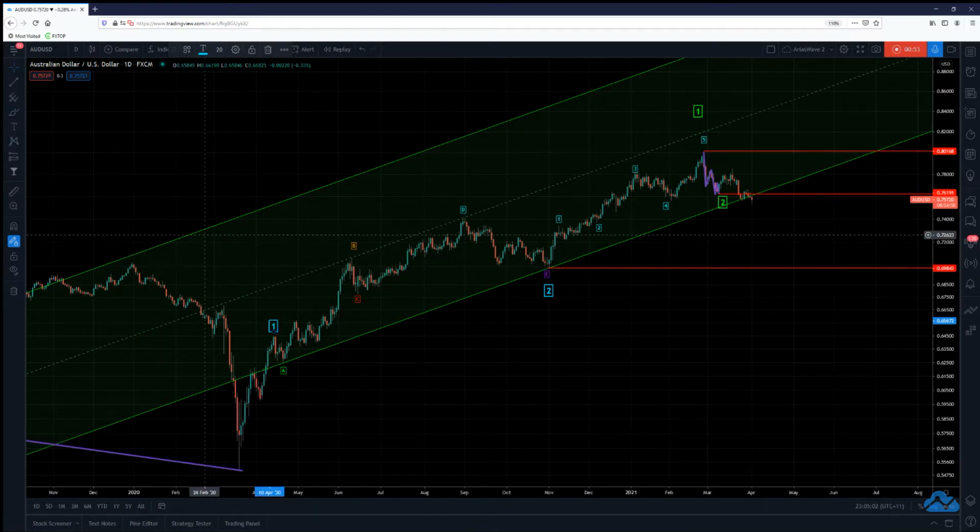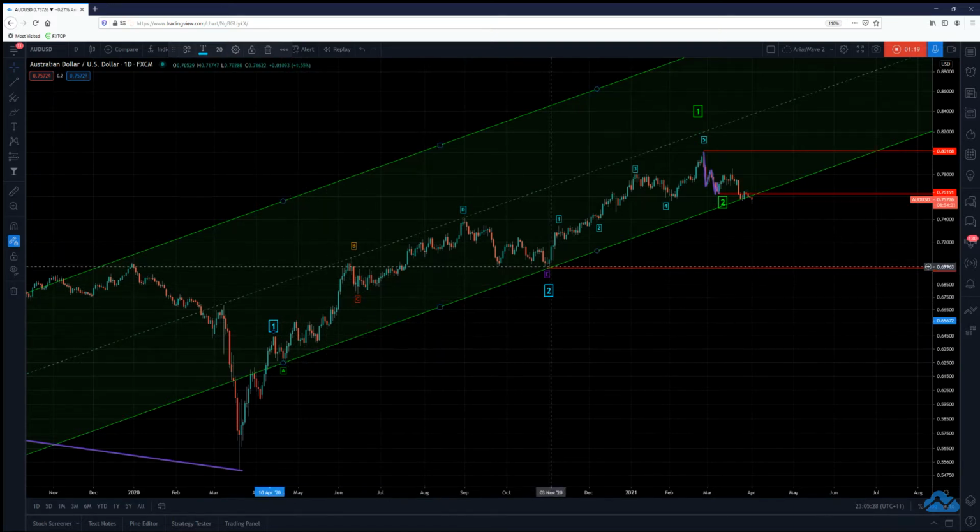So the first thing you have to think of is, okay, so why is the pattern in anything against the US dollar bullish? Why is everything creating this pattern? It's a pattern that is moving against the US dollar. So in this case, I've outlined here what I believe is the pattern. It's A, B, C, D, E.